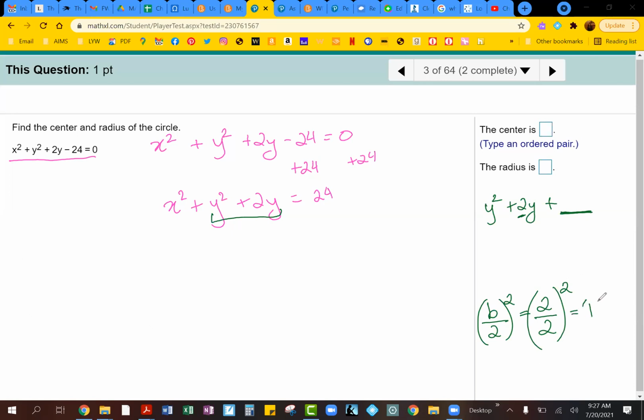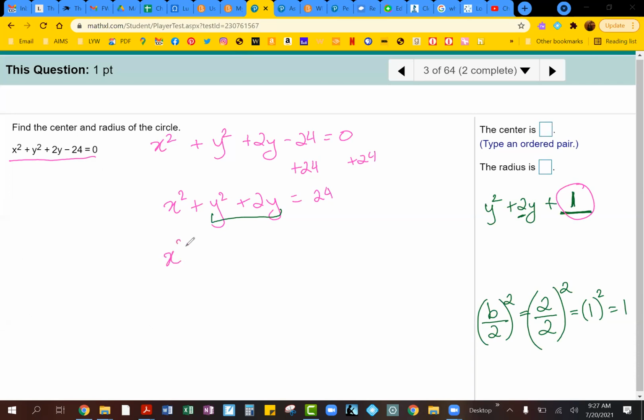So 2 divided by 2 is 1. 1 squared, of course, is going to be 1. Completing the square basically means you're changing it into a perfect square trinomial, and that's what happens when you bring this 1 into that expression over here. So this is the completing the square part. This is the number that we needed.